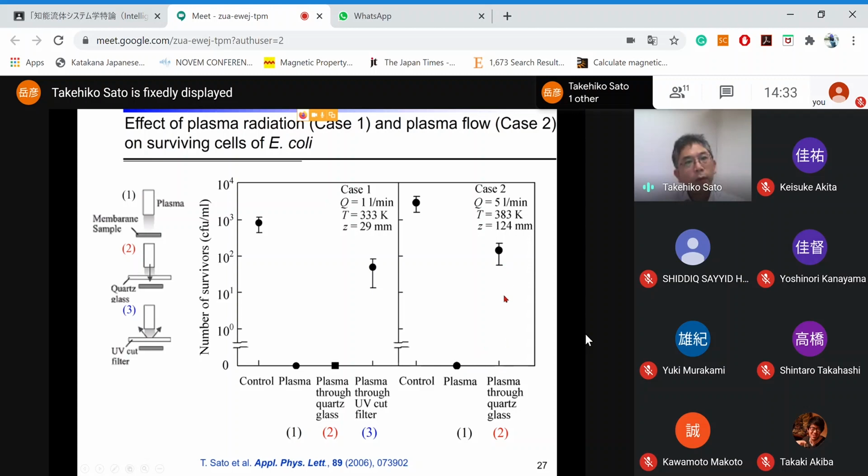In this case, even UV cannot kill the bacteria completely. But if we use the same plasma, in that case the bacteria can be killed. So it means that the bacteria are also killed by the chemical species. So these results showed like that.